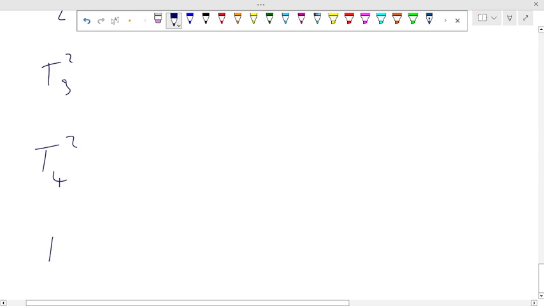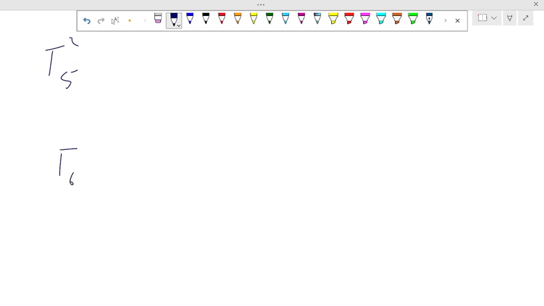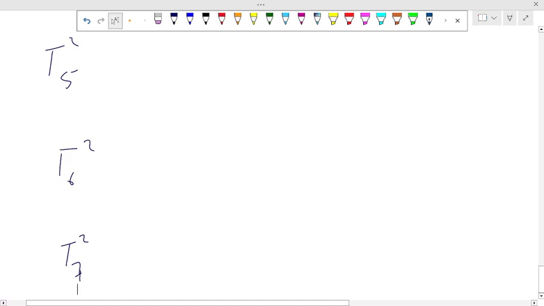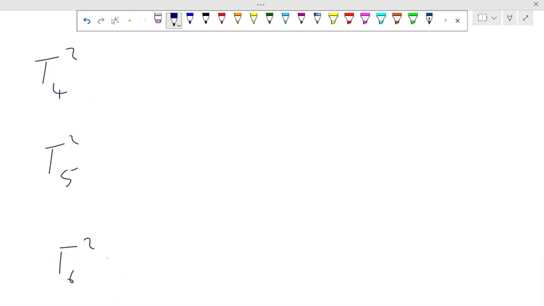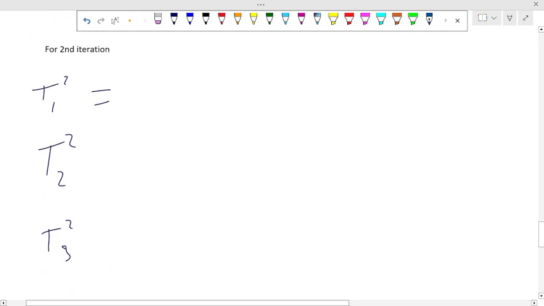T4 second iteration, T5 second iteration, T6 second iteration, T7 second iteration, T8 second iteration, T9 second iteration, equal to 1/4, of course.